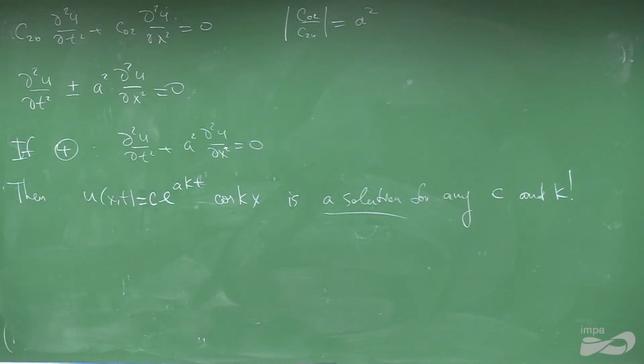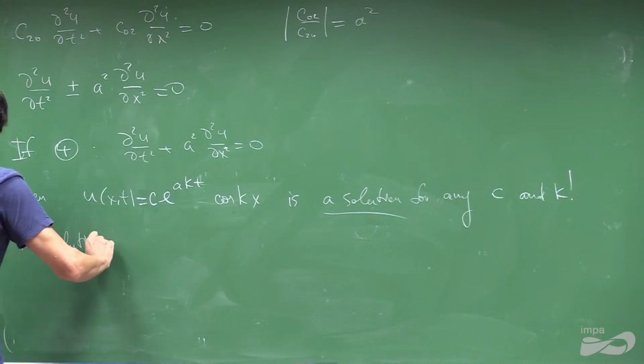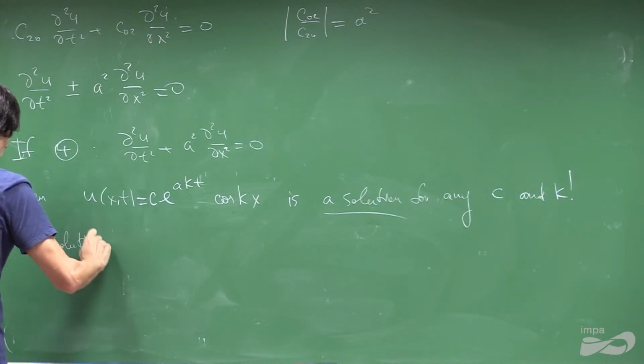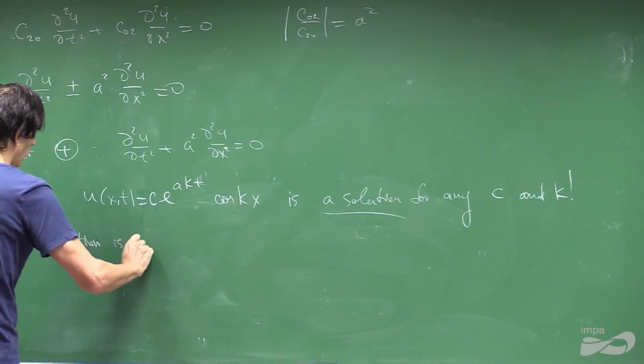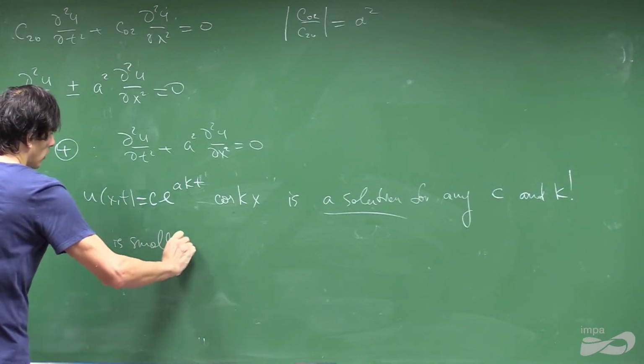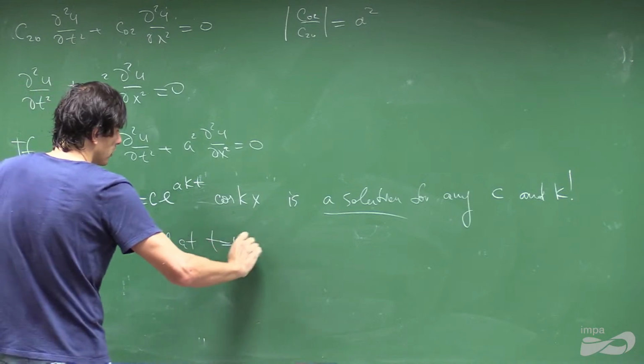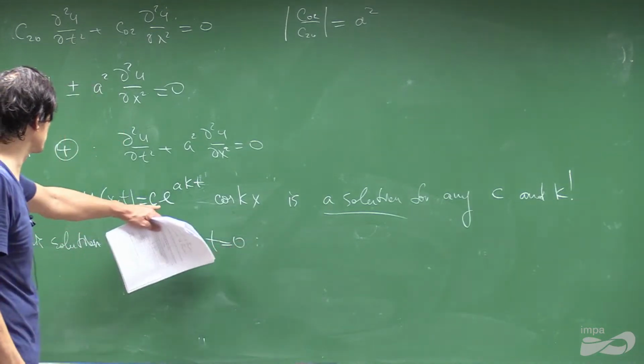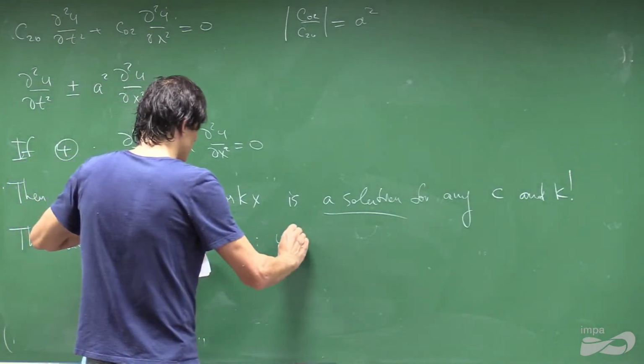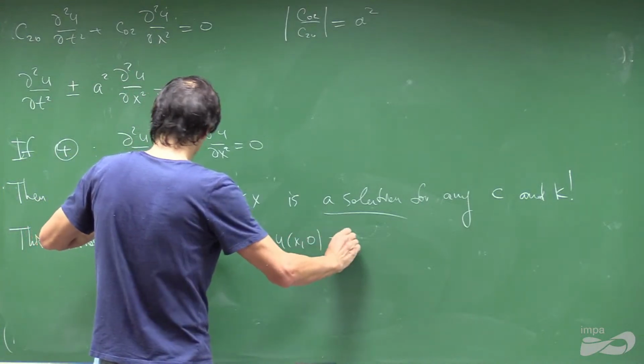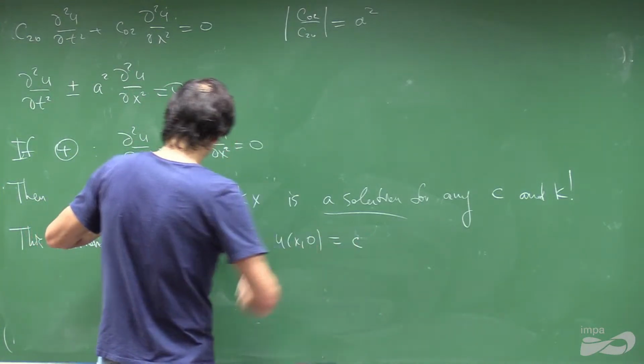But what this solution is, this solution is small at time t0. So at time t0, what is it? U at x0 is just c. It's just c, right?